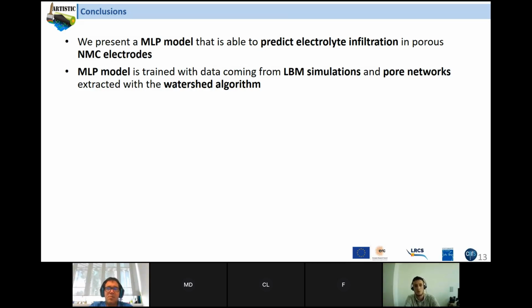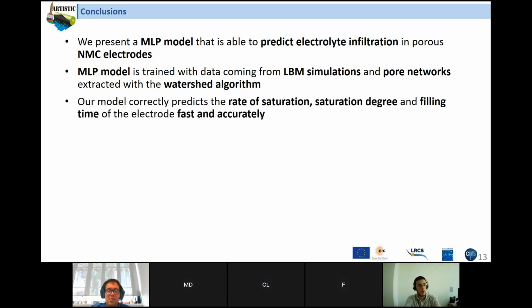The Watershed algorithm is not the only pore segmentation method that exists. We can have any other methods, as long as the boxes are labeled in the same way, keeping the same data format as the outputs of the LBM simulation.